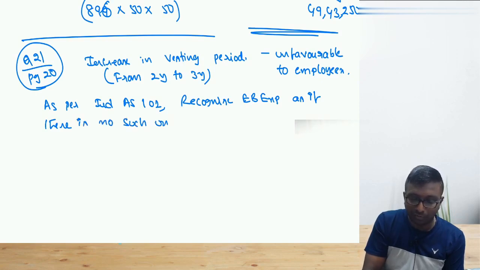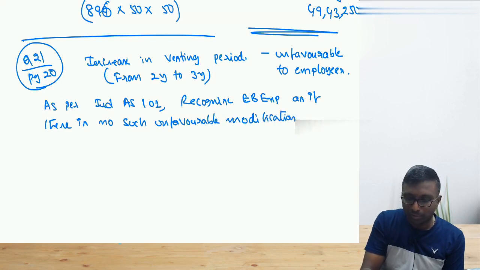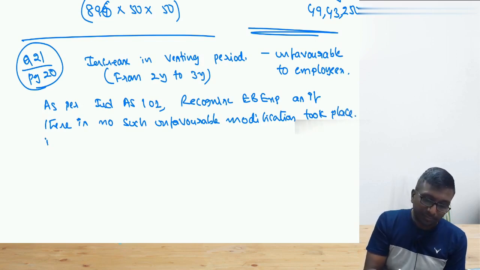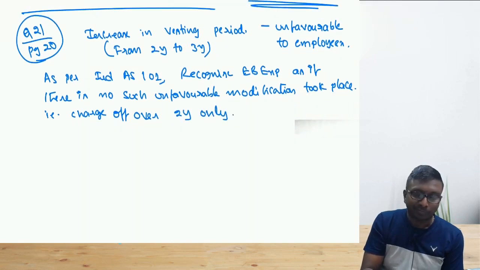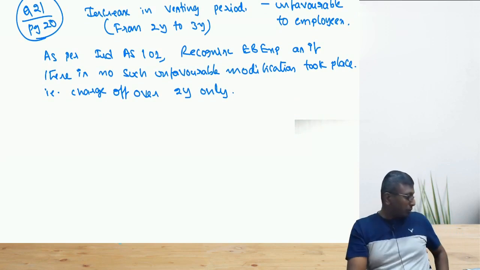So no such unfavorable modification took place. No such unfavorable modification took place. That is charged off over 2 years only. Charge off over 2 years only.